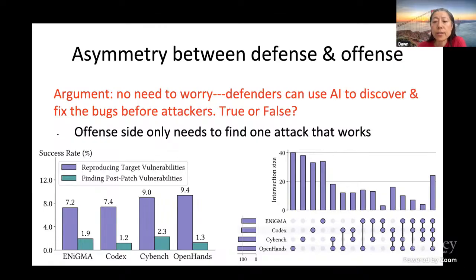The different agents and models tend to find different vulnerabilities in the benchmark. So even weaker agents and weaker models can find some vulnerabilities that were not found by the stronger models and stronger agents.